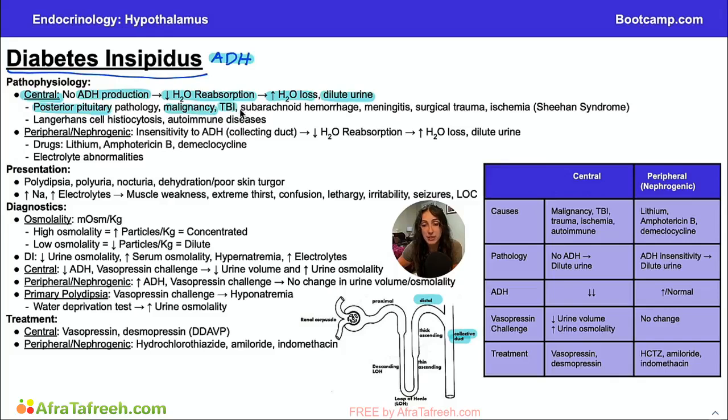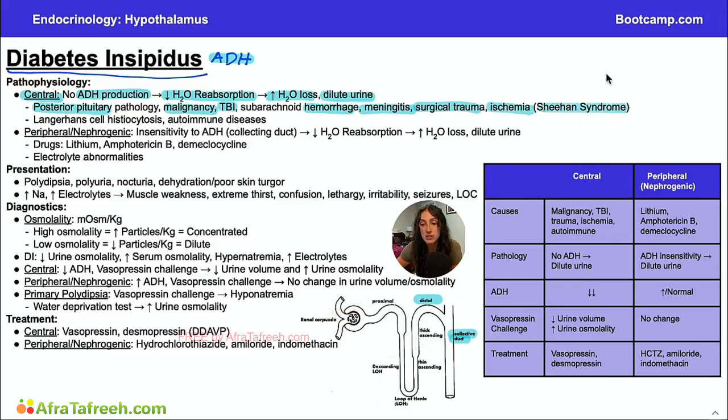Also, traumatic brain injuries, so damage to your brain, the production center for ADH, can lead to diminished ADH production. Subarachnoid hemorrhage, again, just damage to the structures that are producing ADH. Meningitis, surgical trauma, and ischemia. Again, if you're not getting blood supply to the structures that are going to be secreting that ADH, they can't do their job. And a great example of ischemia is Sheehan syndrome.